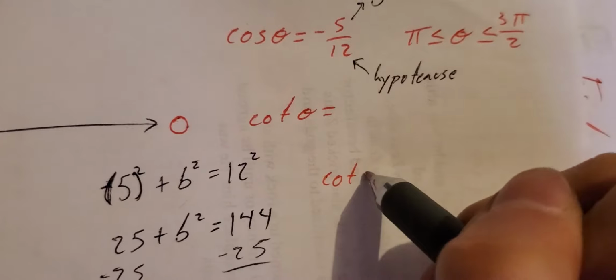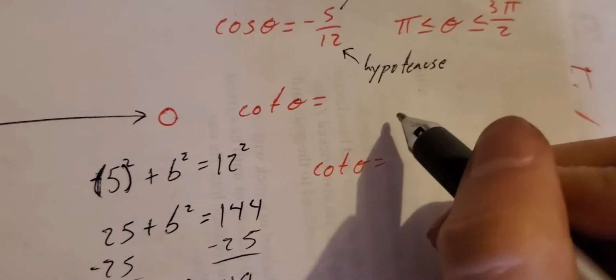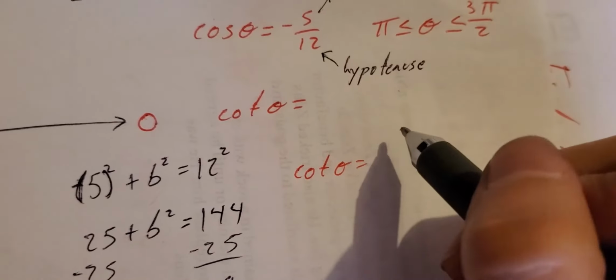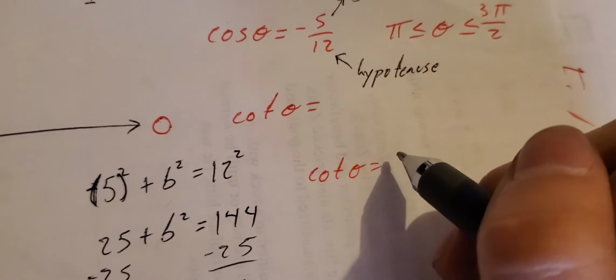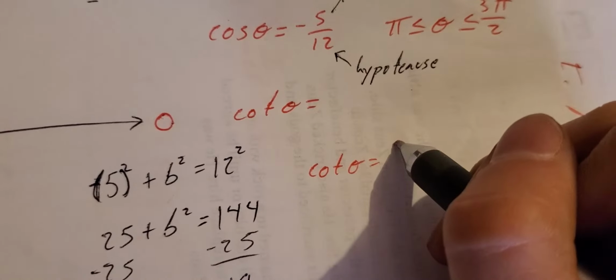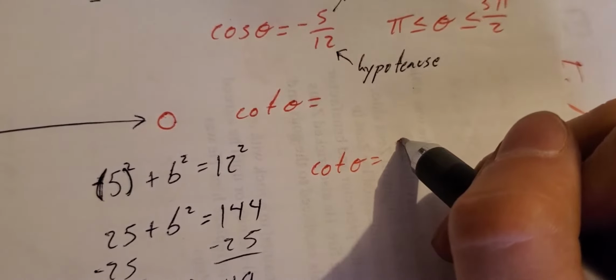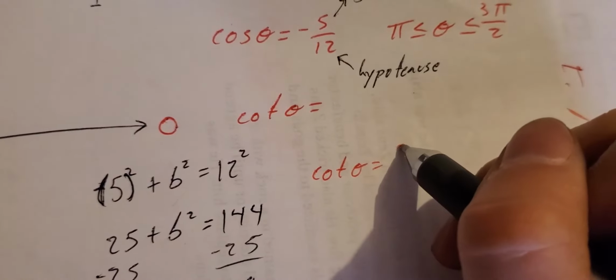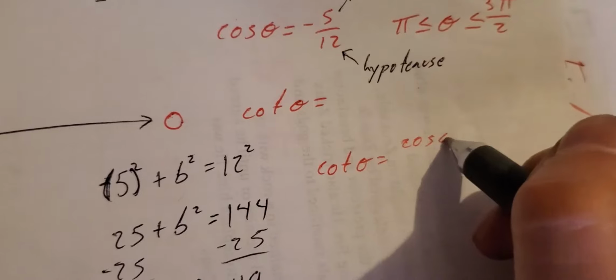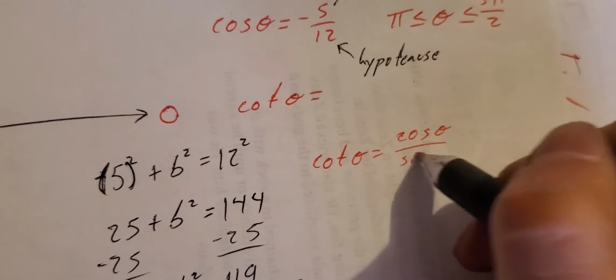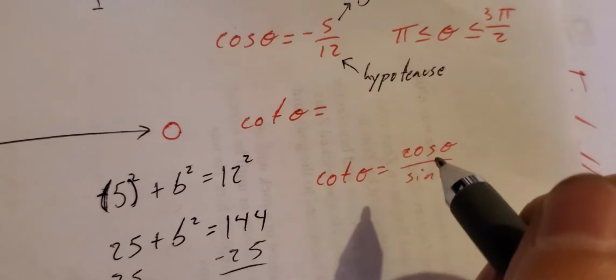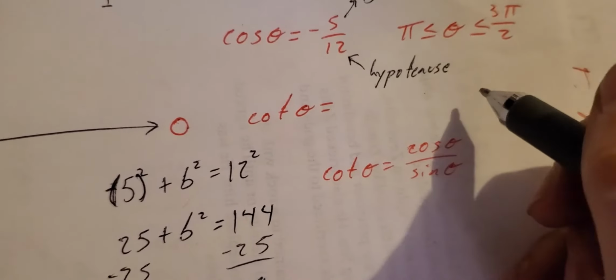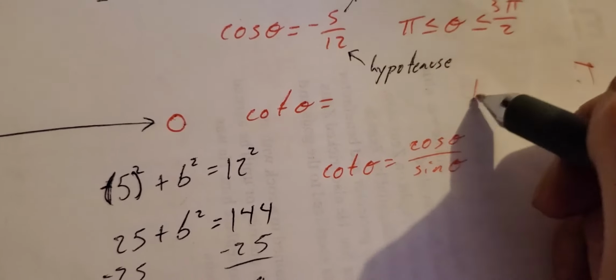Cotangent theta is equivalent to cosine theta over sine theta.